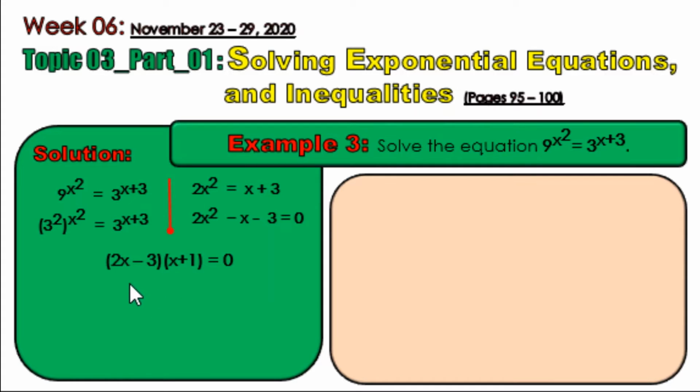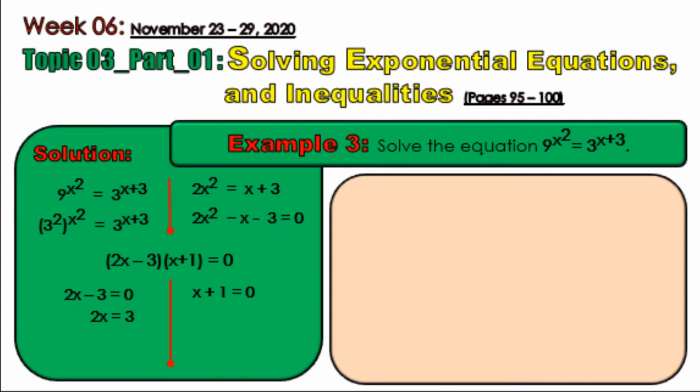Okay, so after factoring this side of your equation, we will be equating each factor to 0 and solve for x. Okay, so the first factor is 2x minus 3, and then we will equate this to 0, and the second factor is x plus 1. Still, we will be equating this to 0. And then let us go back to the first equation. We will solve for the value of x.